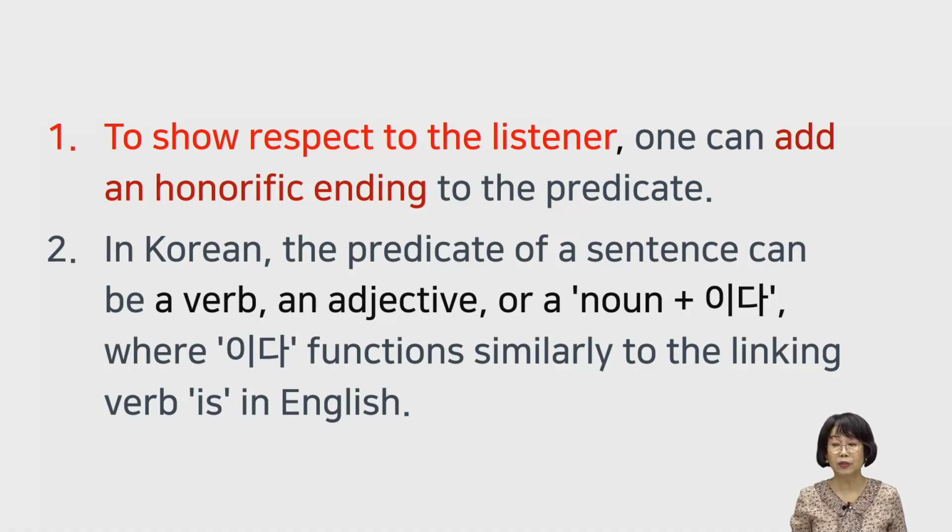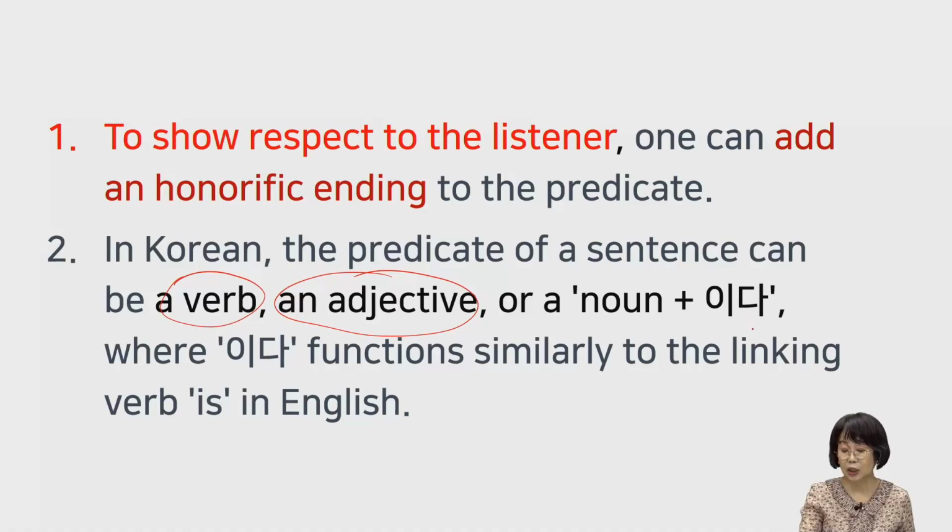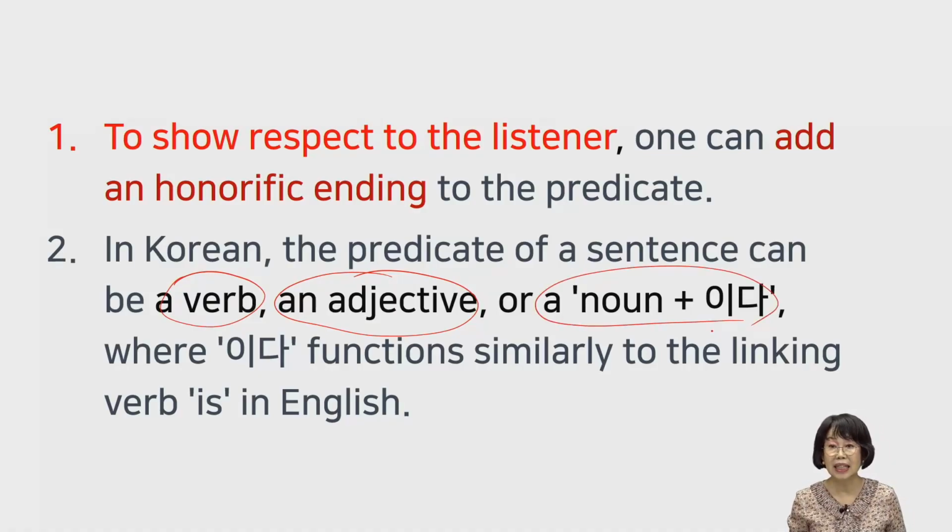To show respect to the listener, one can add an honorific ending to the predicate. In Korean, the predicate of a sentence can be a verb, an adjective, or a noun plus ida, where ida functions similarly to the linking verb is in English.